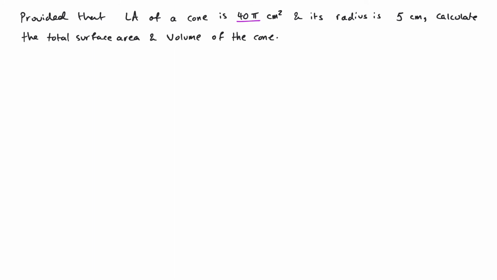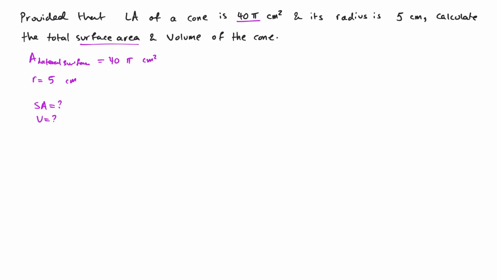So here we know that the lateral surface area is equal to 40 pi, and we know that the radius is equal to 5 centimeters. And this is squared, this is centimeter. And we're looking at two things. We're looking at the total surface area, and we are looking for the volume of the cone.